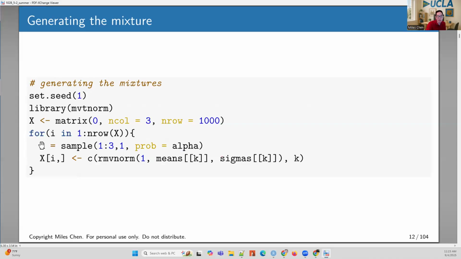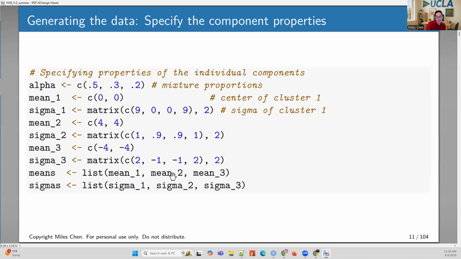So that generates a random k. Once I have the random k, say k gets generated to be 2, I'm going to use the random multivariate normal function to generate one data point using the mean sub k. If it's means double square bracket 2, it's going to take mean 2, so a mean of 4, 4, and the covariance sigma 2, which will be 1, 0.9, 0.9, 1.